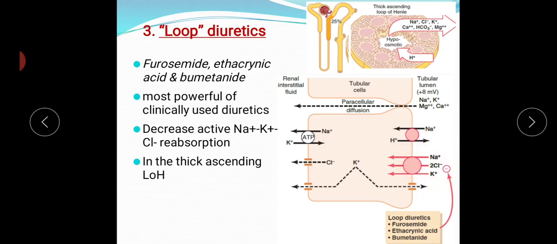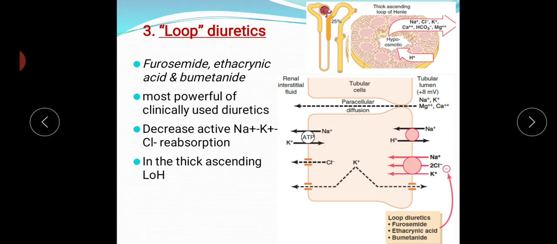Now these loop diuretics like furosemide, ethacrynic acid, bumetanide act at this pump, inhibiting it and preventing the reabsorption of sodium, chloride as well as potassium. The main function of this thick ascending limb is to reabsorb the maximum of the solutes and prevent the reabsorption of water, so it provides dilute fluid to the distal portion.